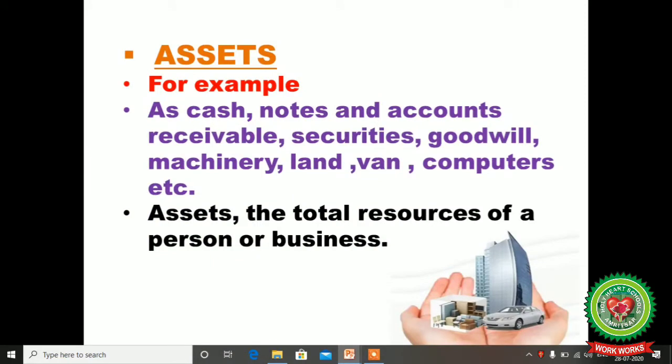For example, simply all the fixed and current assets, you know very well in the plus one full-fledged chapter about the assets, such as cash, notes and accounts receivable, securities, goodwill, machinery, land, van, computers, considered under the assets. Main head. Assets, the total resources of the person or the business to conduct a business.